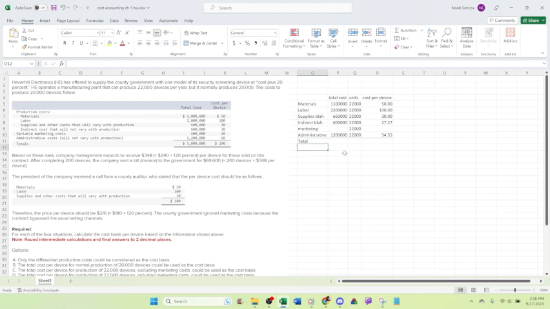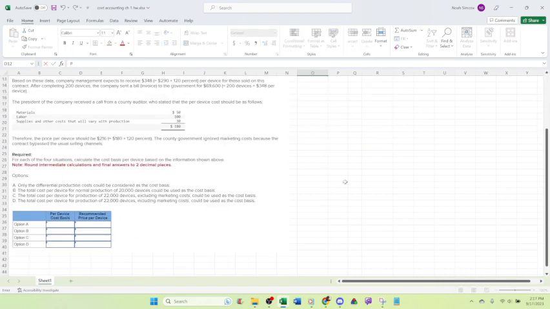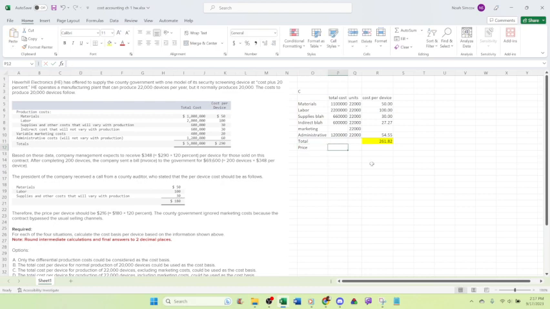Okay, so all we need is the total cost per device equals the sum of this, 261. So that's C. This one was C. The recommended price is going to equal this times 1.2.